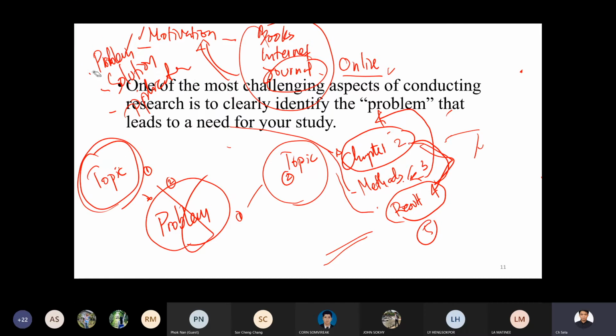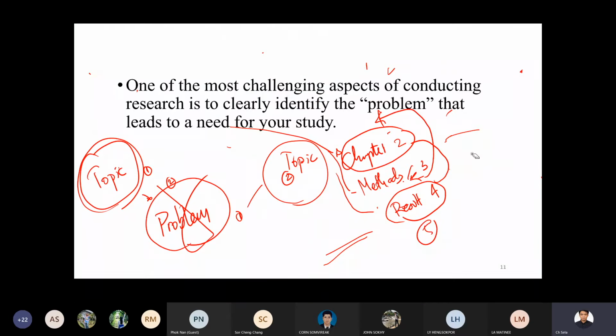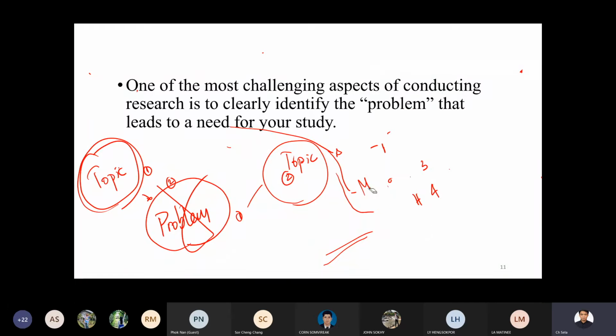All right, so what I want you to understand from this point is that your research problem can come first, or your topic can come first. There is no problem. But the thing that you must do is read about them. If it is motivation, you have to read about motivation. If it is cooperative learning, you have to read about cooperative learning.